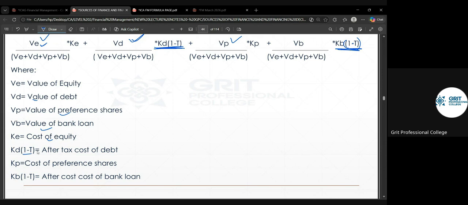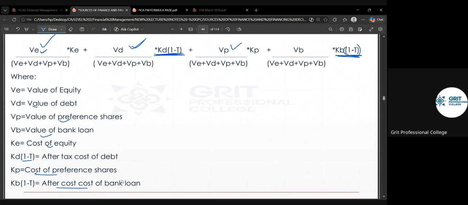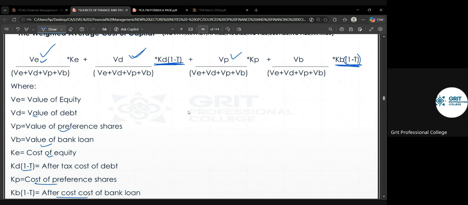KD(1 minus T) is the after-tax cost of debt. The T stands for tax. So after you have taken out your tax, how much interest do you have left to pay? That is what we have here. You have the cost of preference shares, and then for the bank loan, you have the after-tax cost of the bank loan. So that is basically what makes up this entire formula.